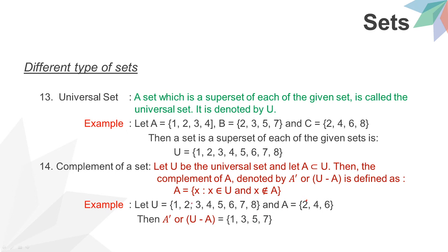A is 2, so we cancel 2, A is 4, we cancel 4, and A is 6, we cancel 6. What is left over? 1 3 5 7, and I have to write 8 also, I missed 8, right? These are the leftover values. So this is called the complement of a set.